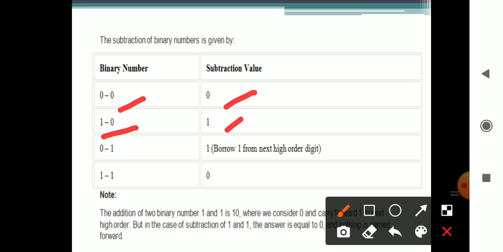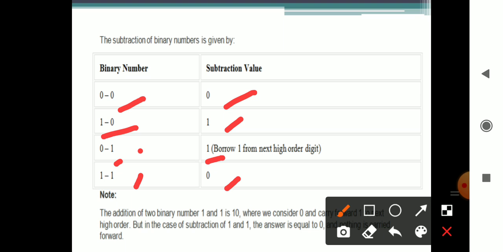So 0 minus 0 gets 0, and 1 minus 0, the result is 1. When 1 is subtracted from 0, we get the result as 1 with a borrow 1 from the next higher order digit. So 0 minus 1 gives the result as 1 with the condition that we borrow 1 from the next higher order digit. And 1 minus 1 gives 0.